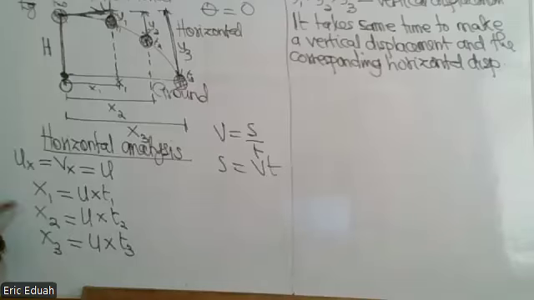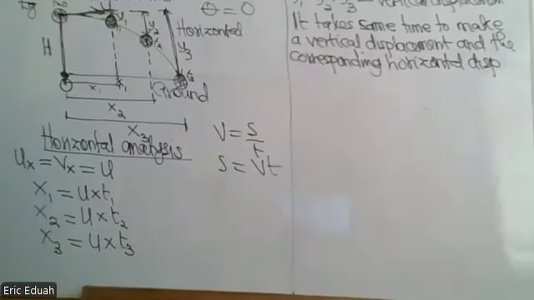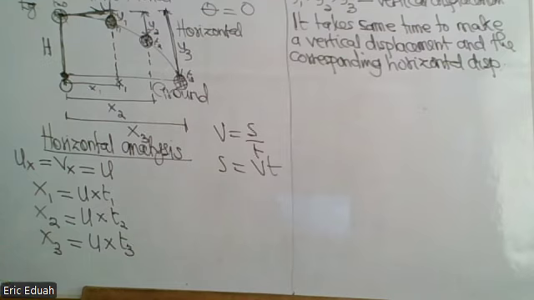Now, x1, x2, x3. Which one is the greatest? Class, which one is the greatest? X3 is the largest horizontal distance. In projectile motion, the maximum horizontal distance traveled is given the name range.